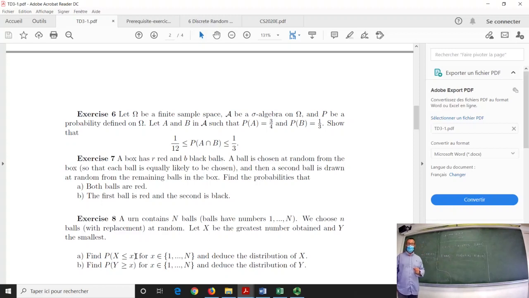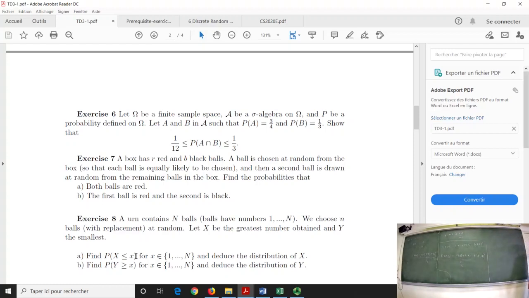So I have this one, okay? I know the sum of the two here. I have 3 over 4 plus 1 over 3. So I put everything over 12. Okay, so I have 13 over 12 for this one and for this one.